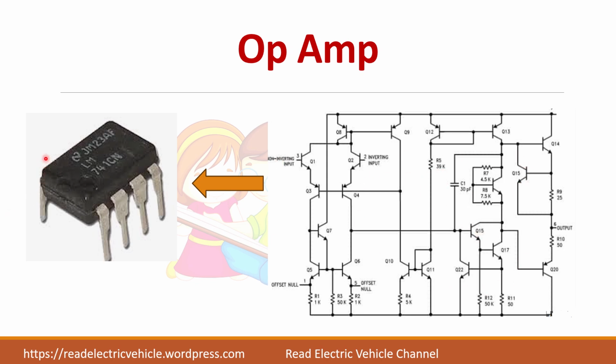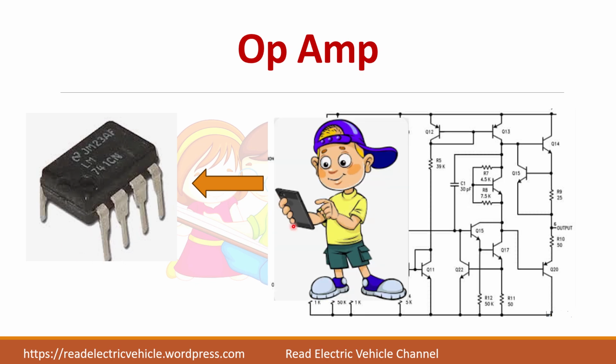We are worried about how to use this one. Like if you take a mobile phone, we don't know what is inside the mobile phone, how it works, but we can learn how to use it. So in case of operational amplifier also, we should know what the pins are and how to use the pins for our application. That is enough.